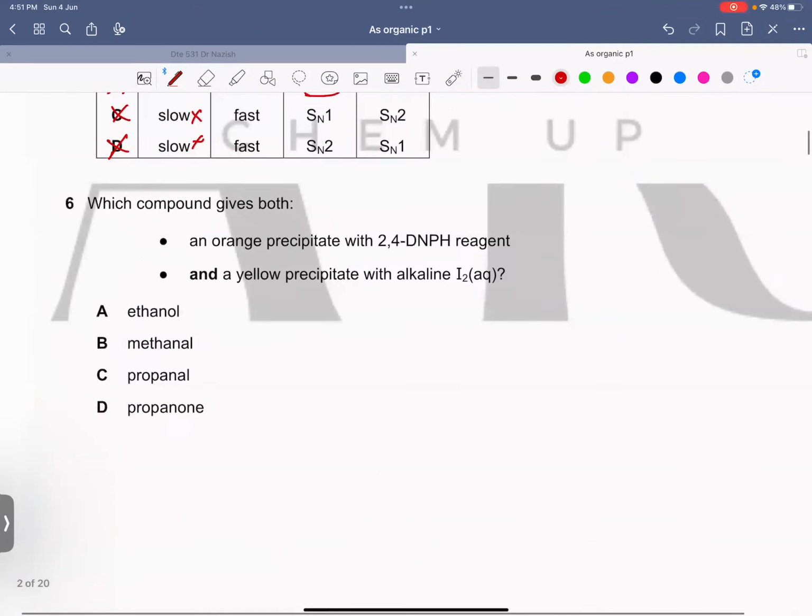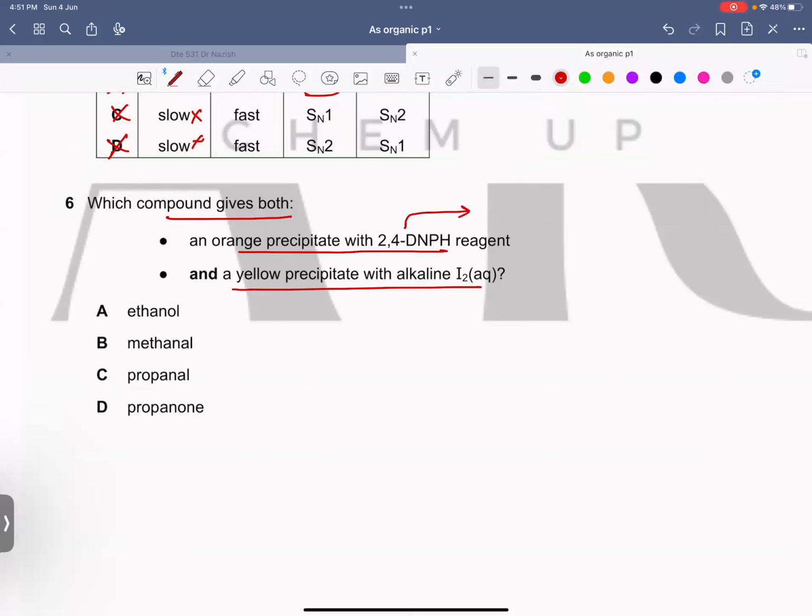Now, question number 6. Which compound gives both an orange precipitate with 2,4-DNPH and a yellow precipitate with alkaline aqueous iodine? Okay, so let me recall 2,4-DNPH for you. The orange precipitate with 2,4-DNPH would be observed when any aldehyde or ketone is present.